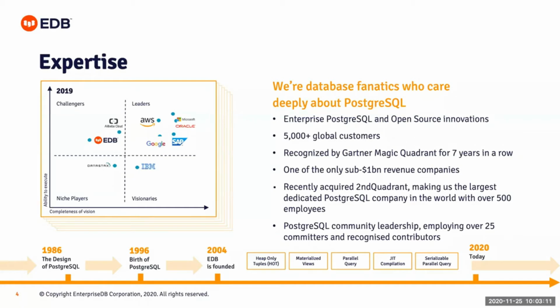We deliver support, services, and tools that enable customers to deploy Postgres into enterprise environments with such things as high availability and so on. We have more than 25 years of Postgres focus. And today, with the acquisition of Second Quadrant, we are the largest Postgres-focused company in the world.